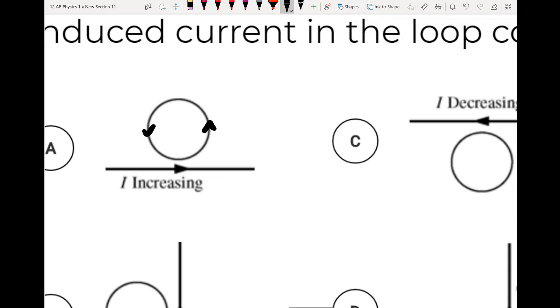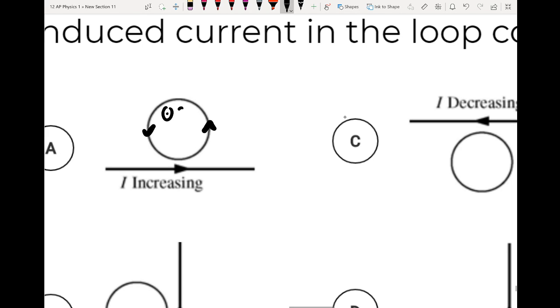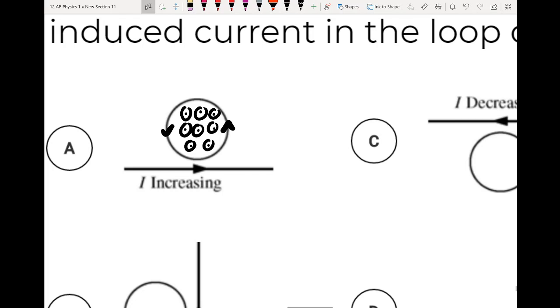And I see in this case, within the loop of wire, I'm going to get a smaller pen, current that is out of the page based on my second right-hand rule. Or not current, sorry, magnetic field that is out of the page.